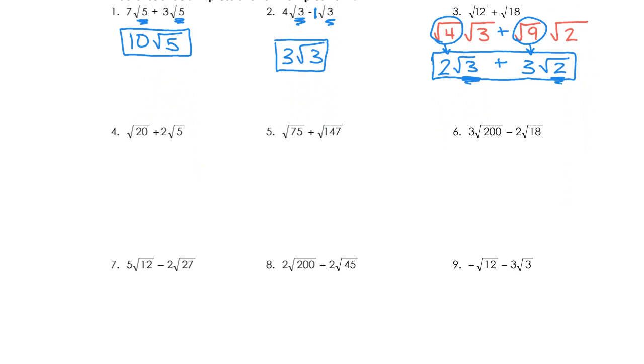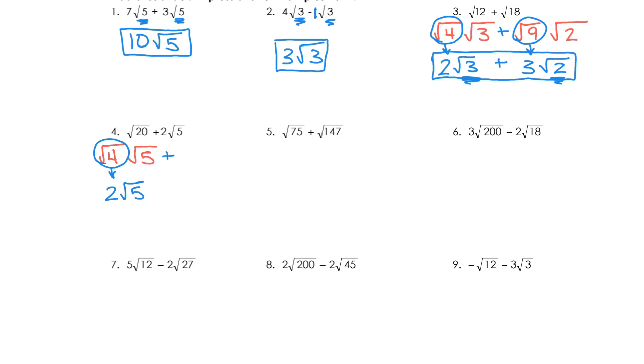Okay. Number 4, we cannot add these together right now because they have different numbers underneath their radicals. So we'll go ahead and simplify them and see if we can get them to be the same. So the largest perfect square that goes into 20 is 4. The other number is 5. We'll go back and circle the perfect square, and it becomes a 2 square root of 5. Keep the plus sign.